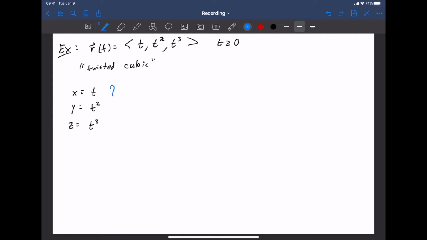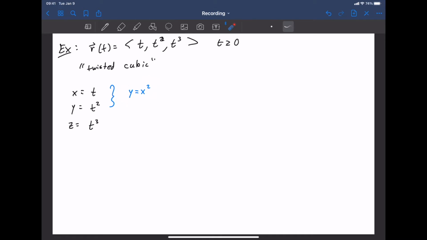Not that revolutionary an idea, I hope. So just like in parametric equations, if x equals t and y equals t squared, then y equals x squared. Pause and think about, what if we did these two? Would that also work? Yes, that would work just fine.